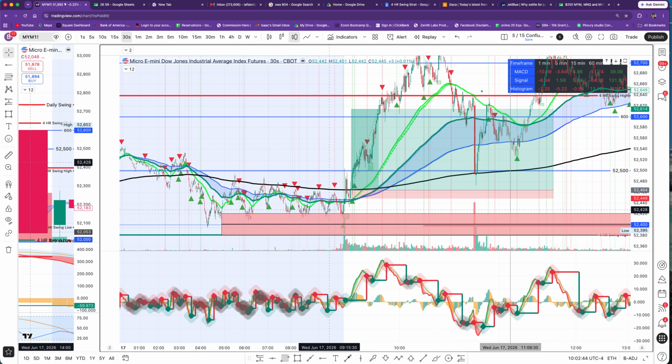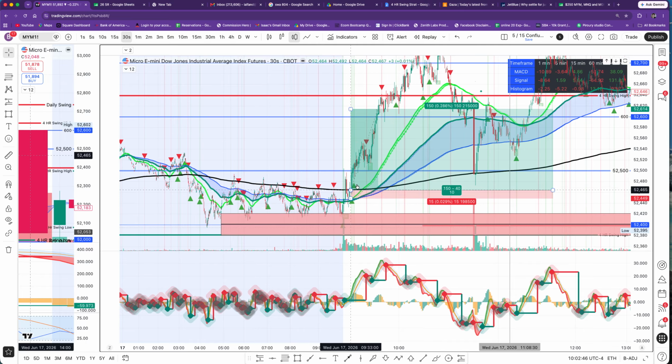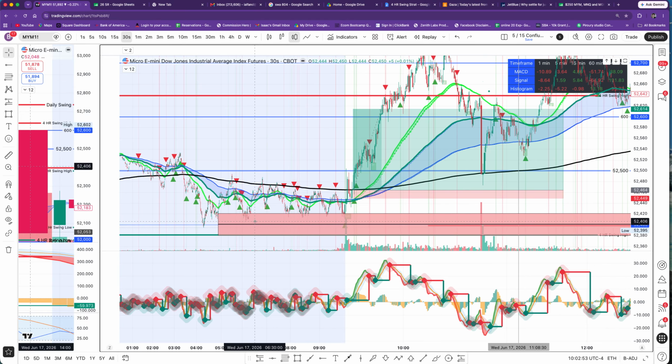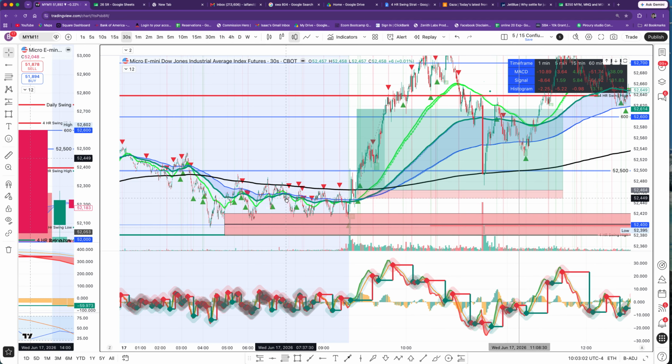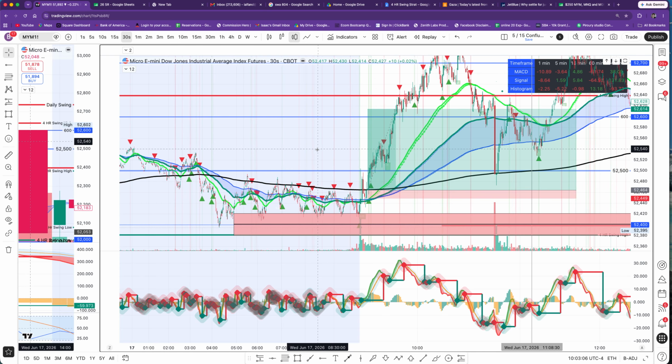Okay. So from the grand scheme of things, you want to always be buying near support. You don't want to sell into support. You want to buy from support. So you have to gauge and say, okay, I'm in a trading range, but is that trading range closer to support or resistance? And obviously it's closer to support.